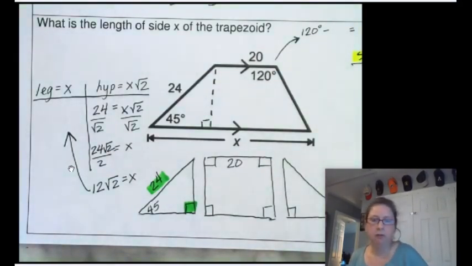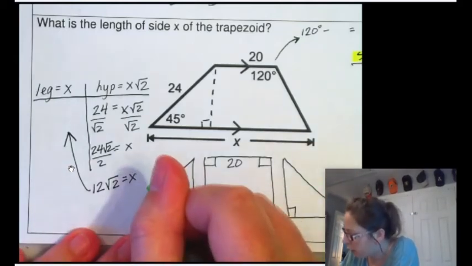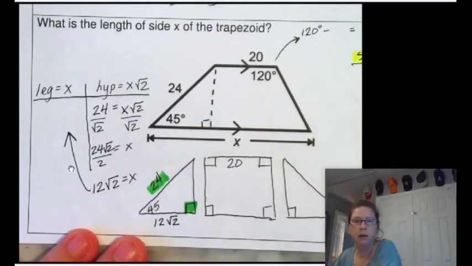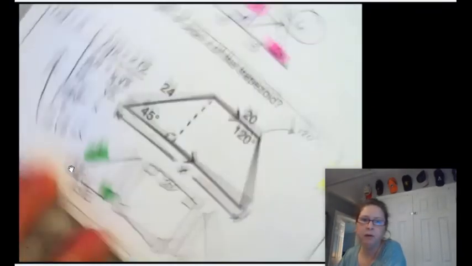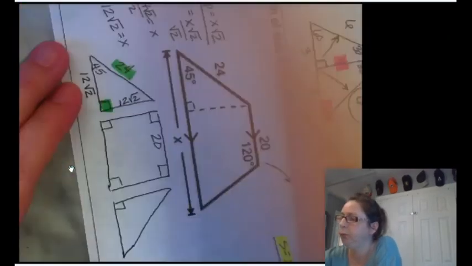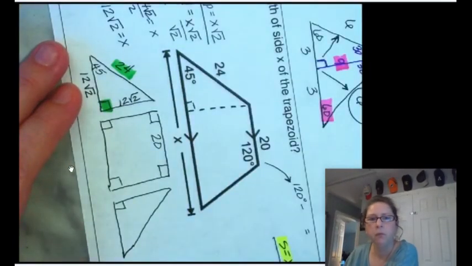So I'm going to go ahead and fill that in my figure. So 12 square roots of 2, and also this is a 45, 45, 90. So this is 12 square roots of 2. Okay.